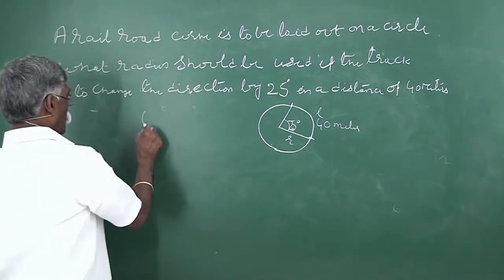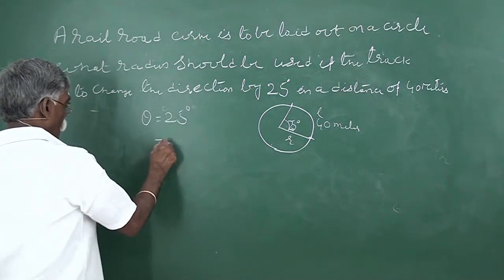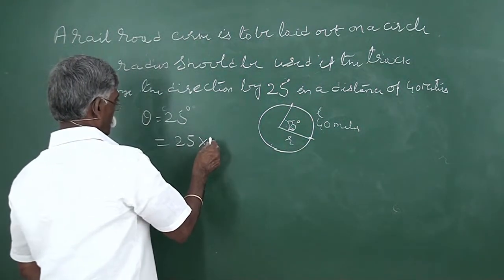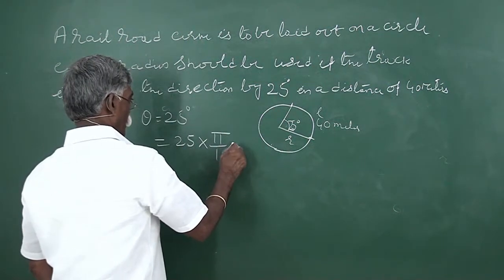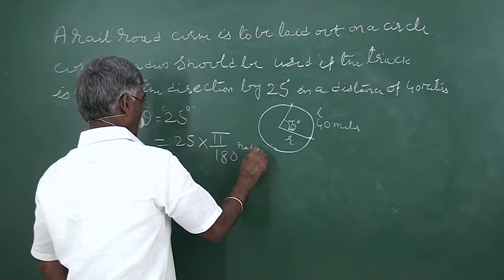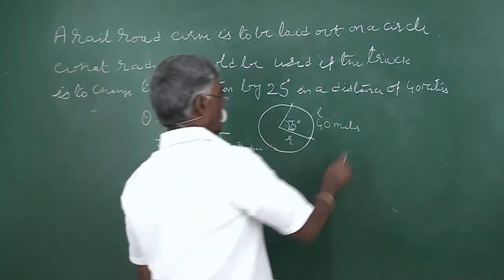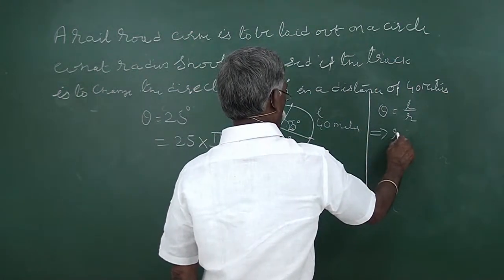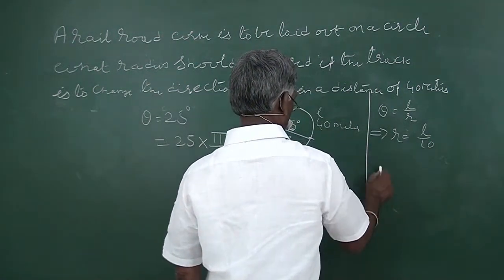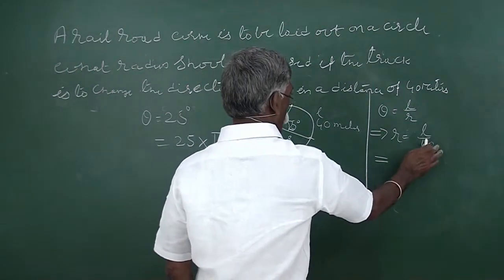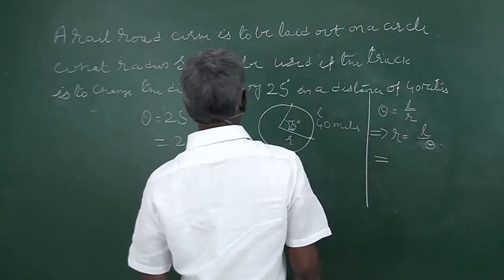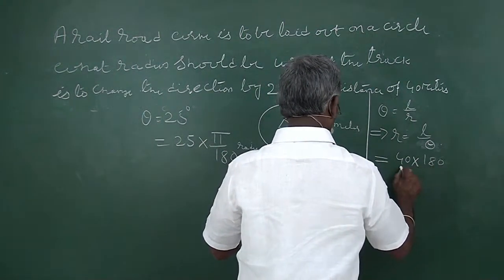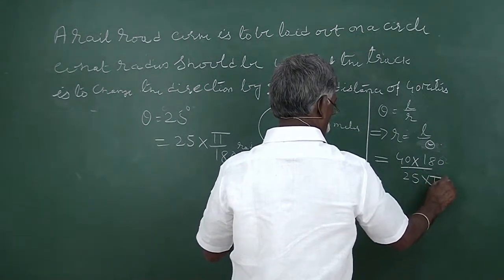So theta is equal to 25 degrees, and this is 25 into pi by 180 radians, and the formula is theta is equal to L by R. This implies R is equal to L by theta, that is equal to L is given as 40 by theta, means it is 180 by 25 into pi.